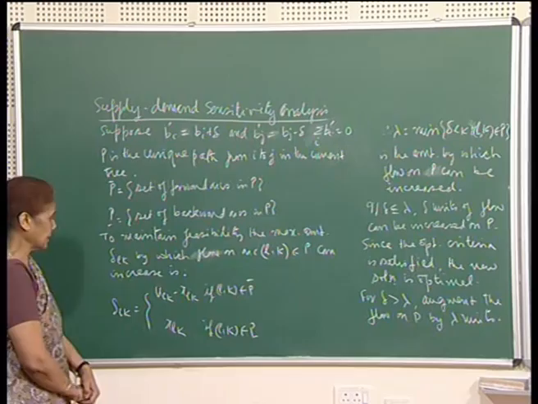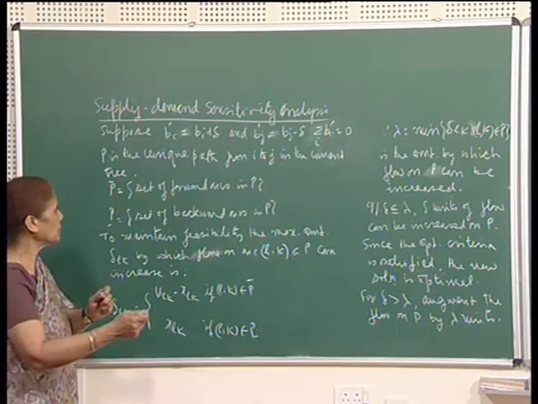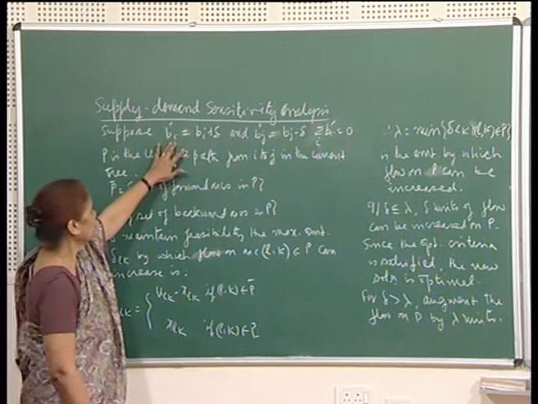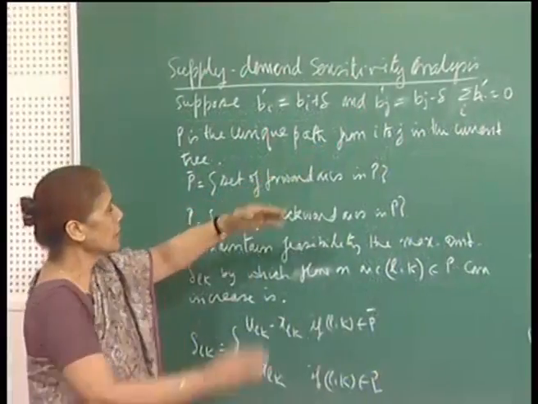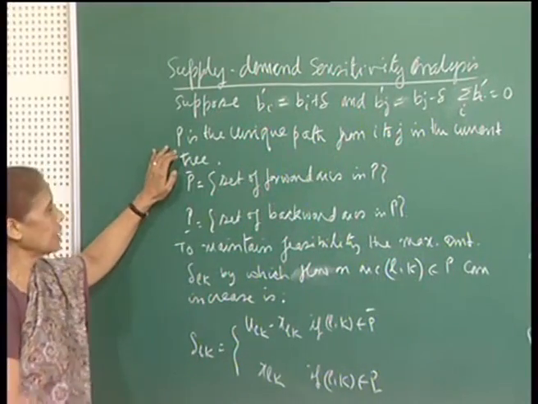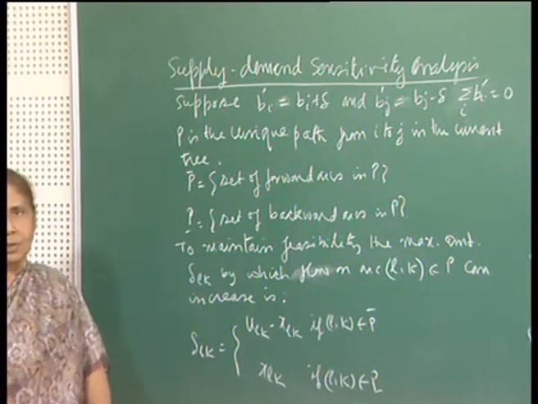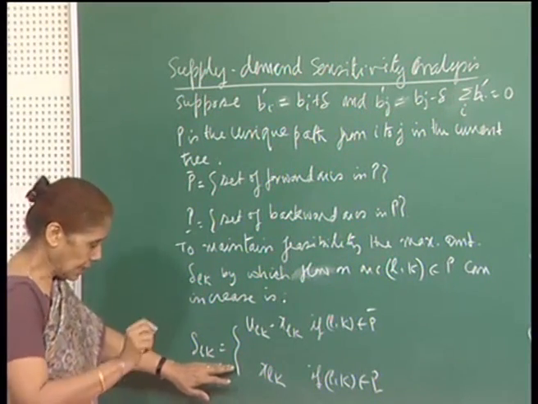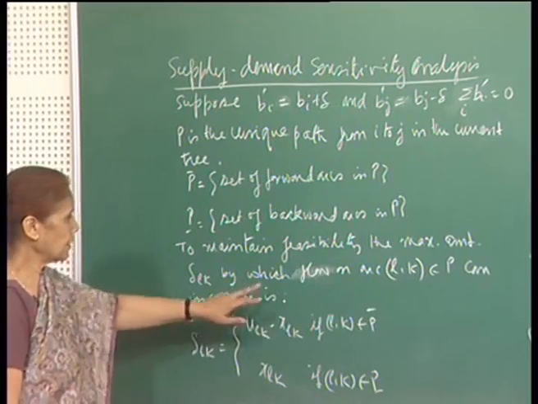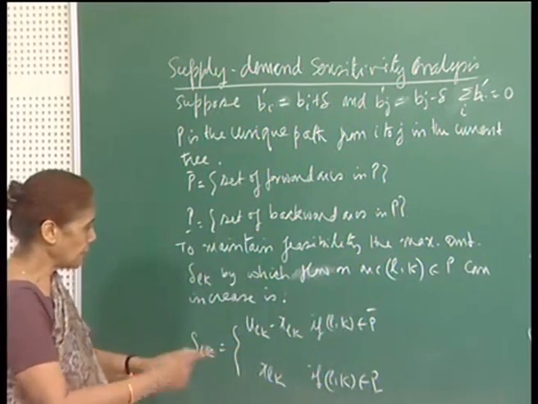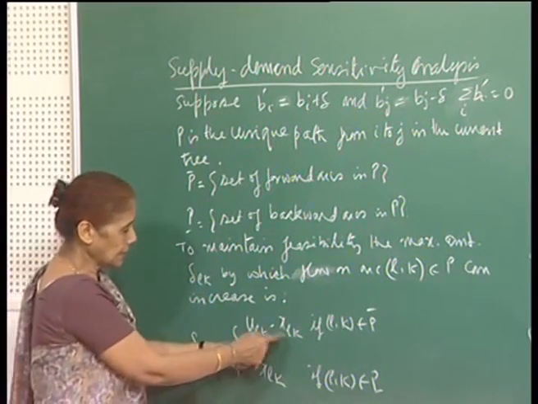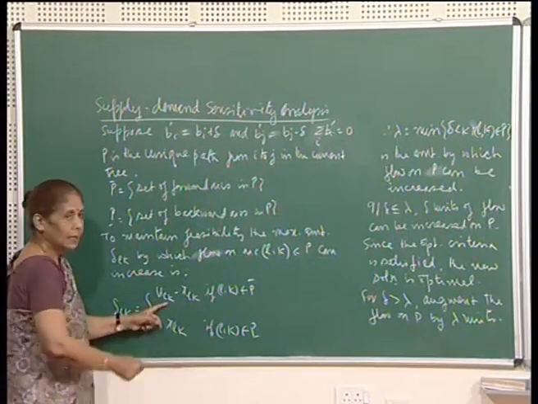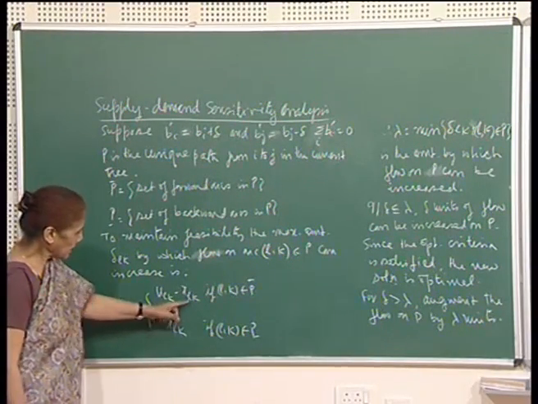To maintain feasibility, consider the maximum amount delta k by which the flow on arc lk can increase. Because the supply has gone up by delta units and the demand also, you want to see whether on this path p you can have increased flow. What does that require? For any arc lk in the path, if it is a forward arc, then its current flow must be less than the capacity, because then only can I increase the flow.